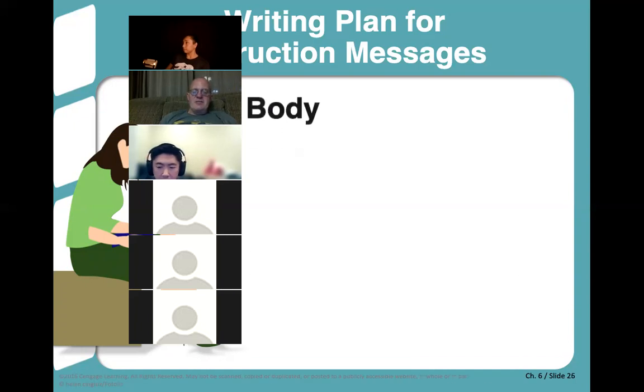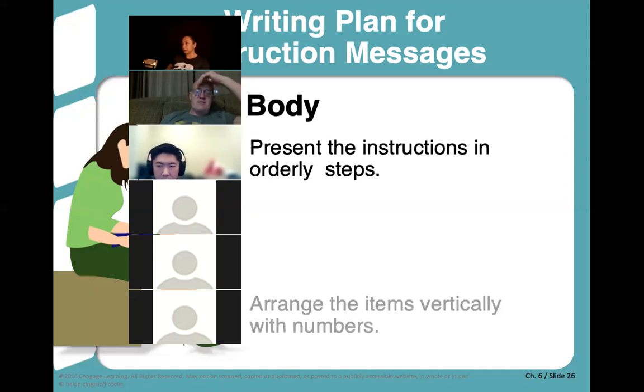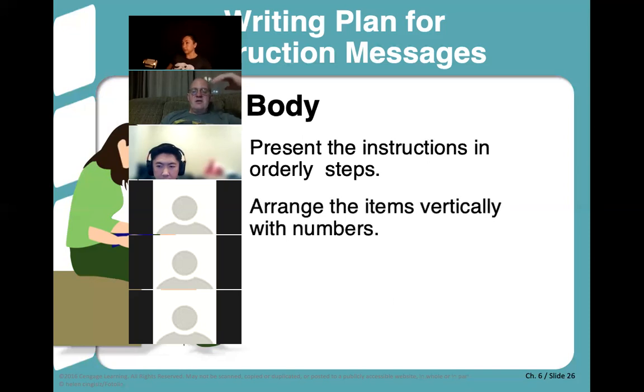And then you will have a body which fully explores everything that needs to be said. If there are instructions, you're going to provide those in an orderly step. We've already seen some examples of that in one of the earlier things that we saw. You want to arrange those vertically with numbers. We saw that too.